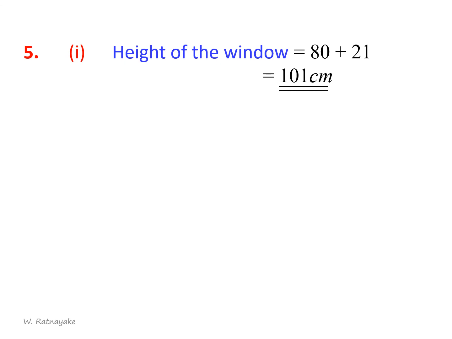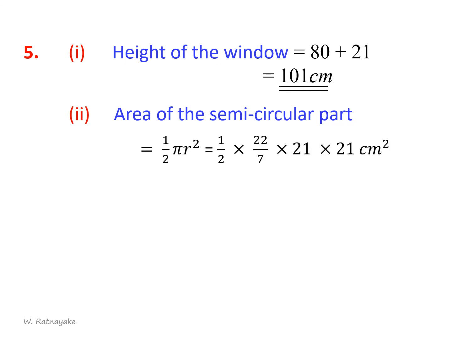Now the second part, we have to find the area of the semicircular part. The area of a circle, we can use the formula pi r squared. If it is a semicircle, we have to use the formula half pi r squared to find the area of the semicircular part. So it is half times 22 upon 7 times 21 times 21.